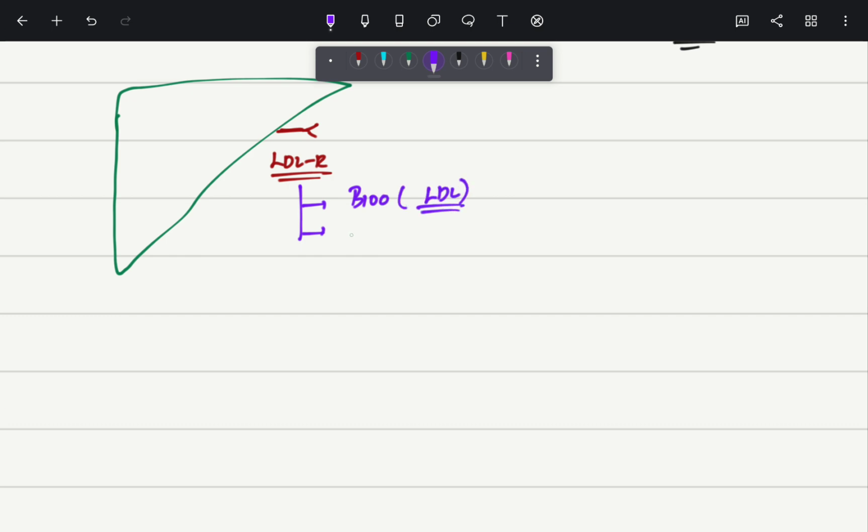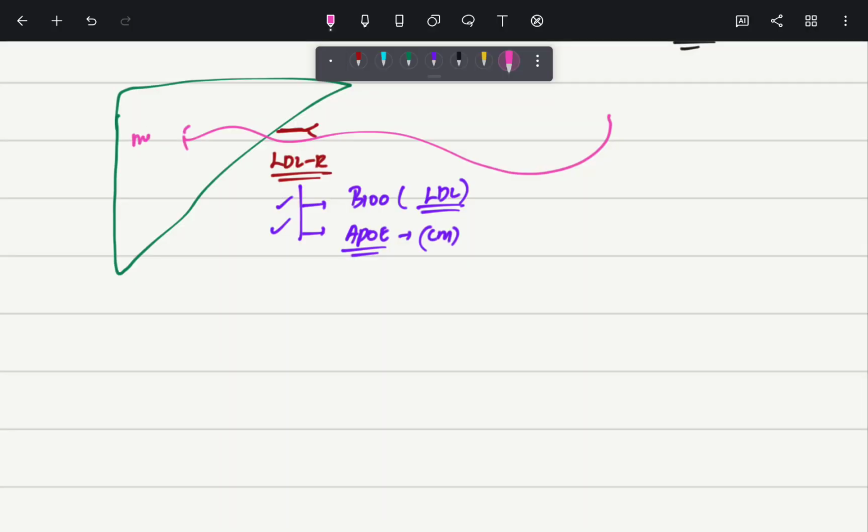The other one is your apoprotein E, which is present on chylomicrons. So the receptor can only recognize these two types of apoproteins. Once the recognition takes place, that protein will go inside and the metabolism will take place.